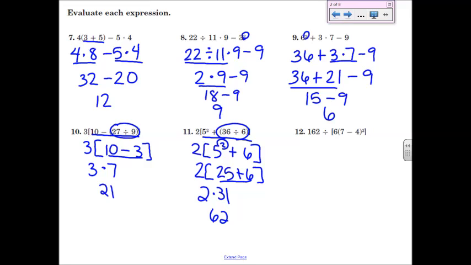Number 12, we have 162 divided by, and then in brackets, 6 times 7 minus 4 squared. So inside the brackets, we're going to do the parentheses first. And inside the parentheses, we have 7 minus 4, which is 3.